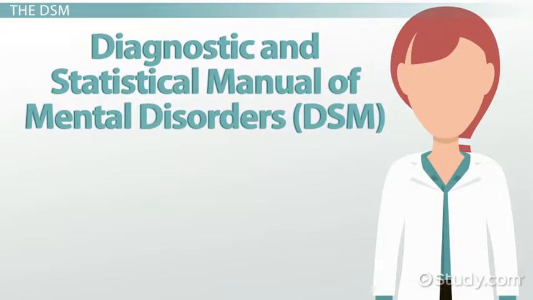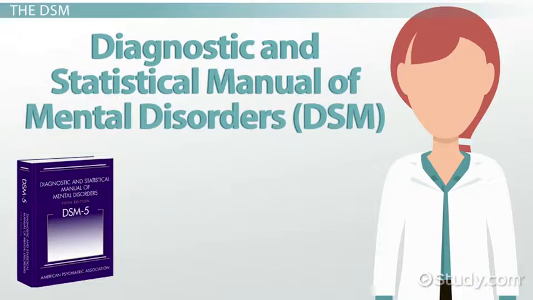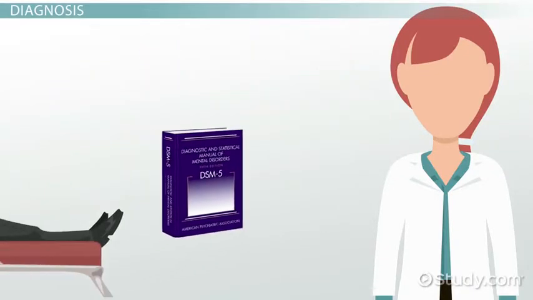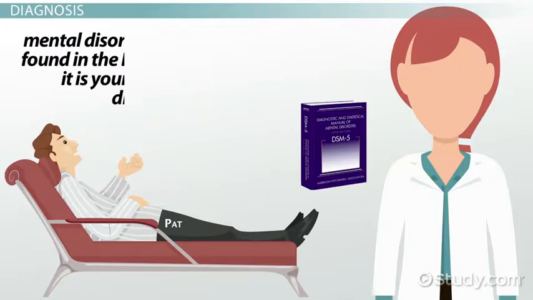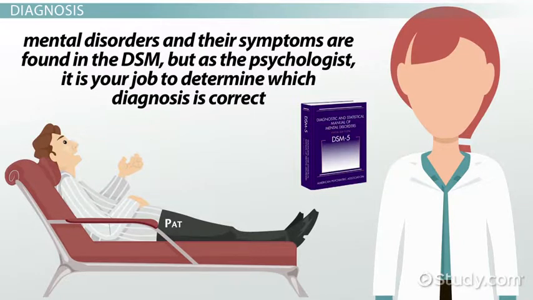Let's look a little closer at how psychologists use the DSM to make diagnoses. Think back to Pat. He's got symptoms, like ingredients, and you've got to put the symptoms together to diagnose what's wrong with him, like choosing the recipe from the cookbook. Mental disorders and their symptoms are found in the DSM, but as the psychologist, it is your job to determine which diagnosis is correct.